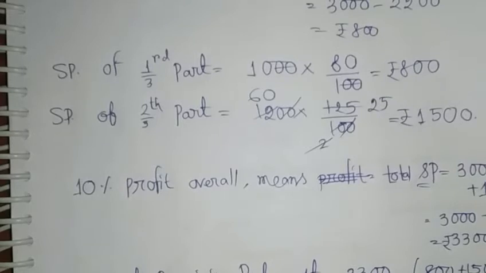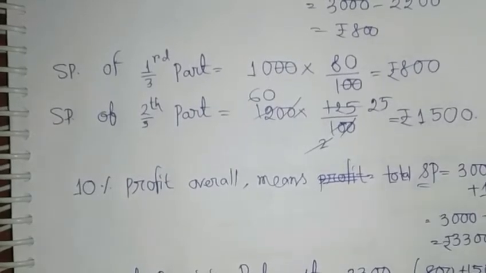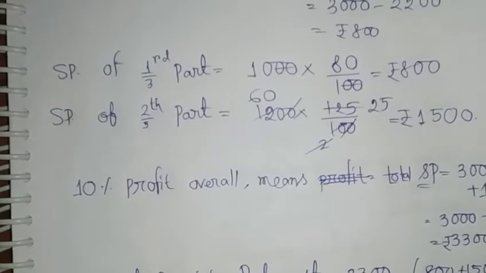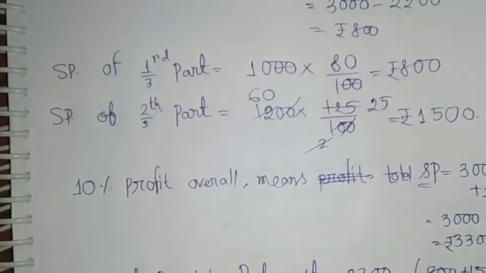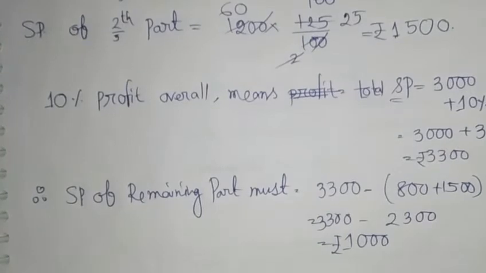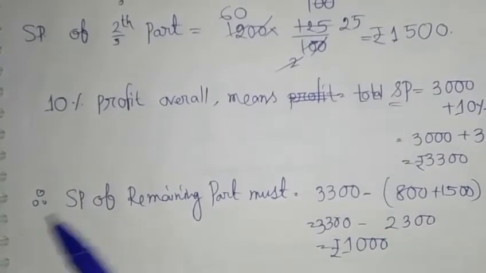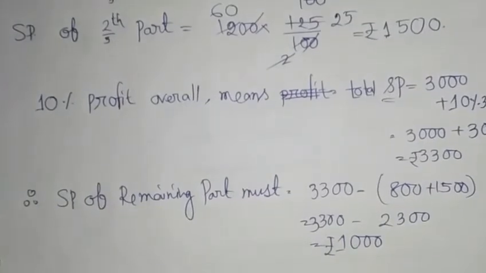This is 3300 minus 2300, right? So this is 1000. So we need to sell the remaining part at 1000 rupees so that we can get 10% profit.